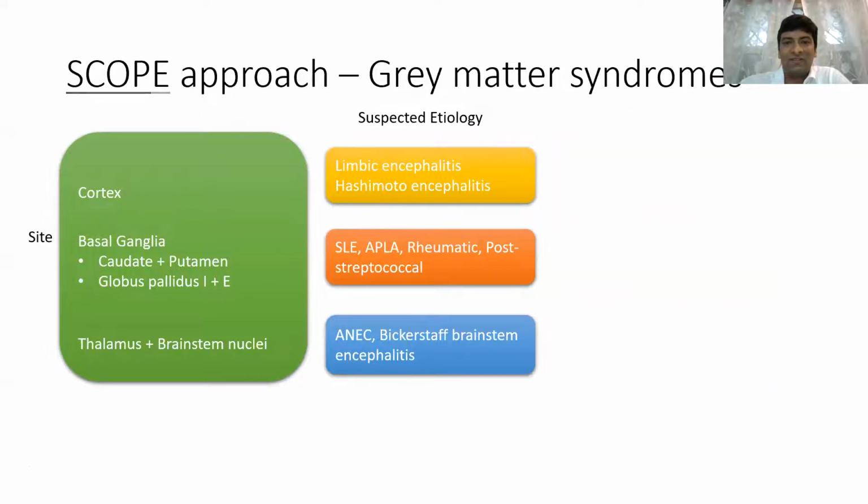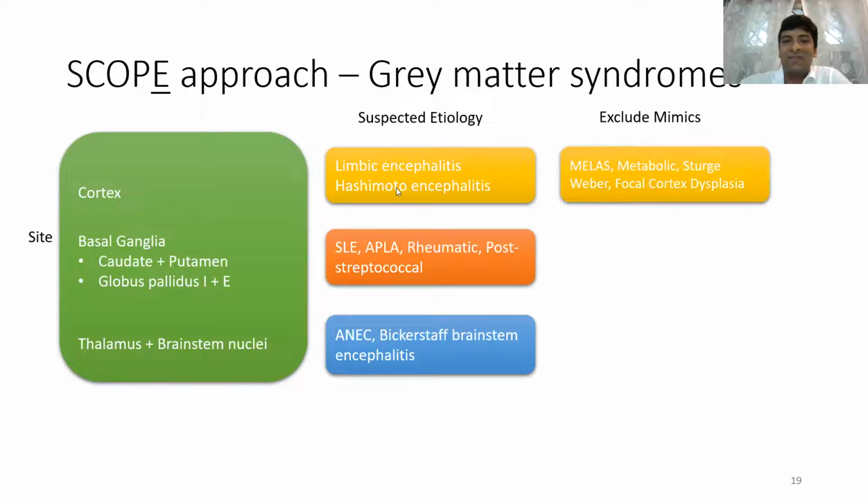Okay, so we talked now about gray matter, and last, let's exclude mimics. Some mimics of inflammatory encephalitis, of course, viral encephalitis, which is obvious. And metabolic disorders like mitochondrial encephalopathy with lactic acidosis and stroke-like syndromes.